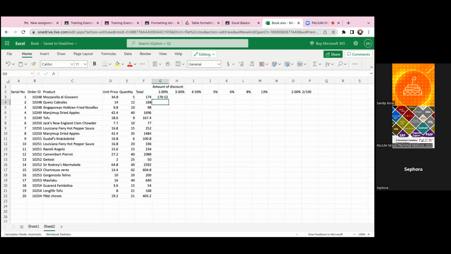Now the problem here is, I'm trying to lock this now so that I can get the other answers. I want to lock F because I want the total of F. So I will put a dollar sign before F. Here also.